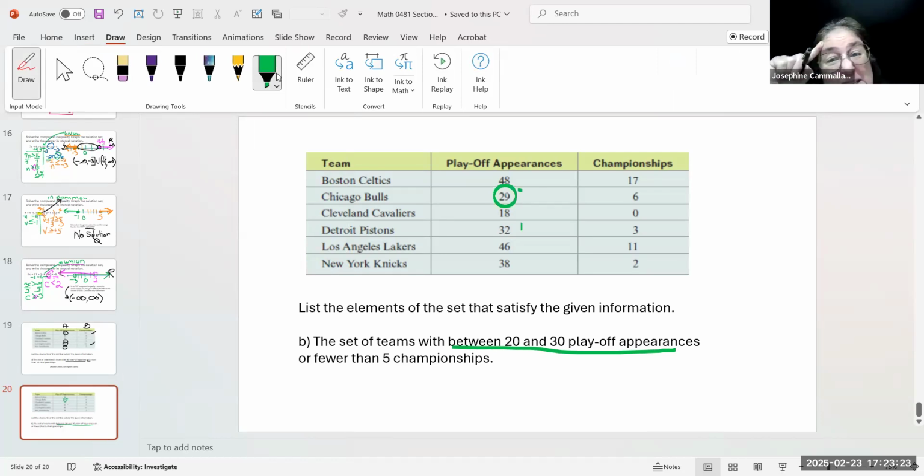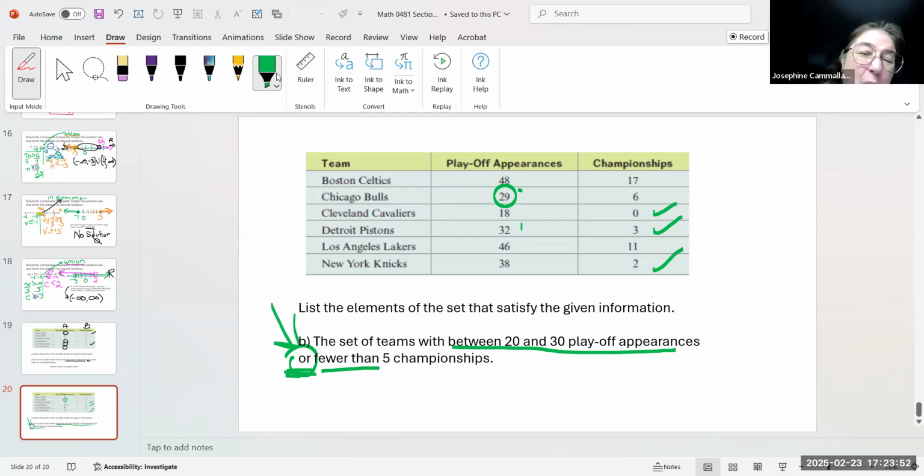Now, Detroit Pistons had 32. They're not between. So all I have is the Chicago Bulls right here. Or fewer than 5 championships. Well, the Cleveland Cavaliers have fewer, 3, 4.